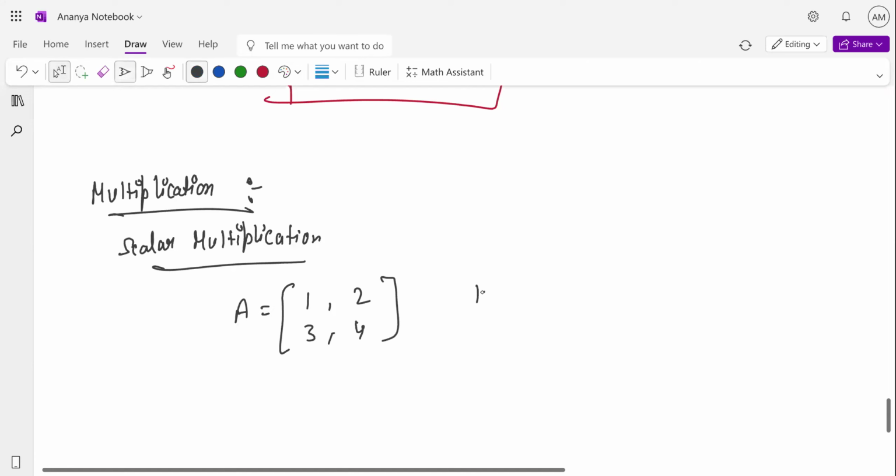So what will be K multiplied by A? It will become K, 2K, 3K, 4K. Is this clear? Yes, sir.